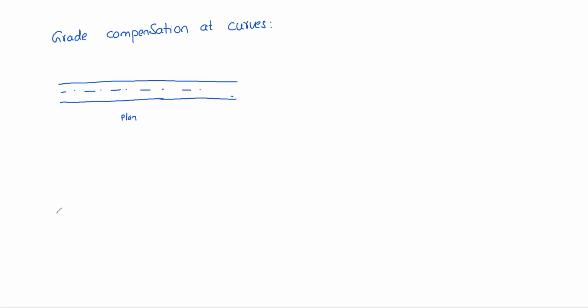Suppose a gradient is there, an up gradient and a down gradient. This is the elevation.